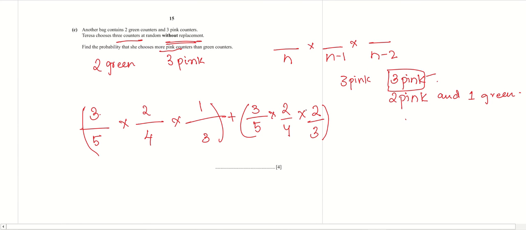We found only 1 order, which was pink, green, and pink, but we can do it for pink, pink, green as well, the 3 orders I have given you. I'm going to put a bracket here to show that it's multiplied only with this. So multiply this with the number of orders possible, which is 3. So let's see what the answer is. I got it as 7 out of 10.